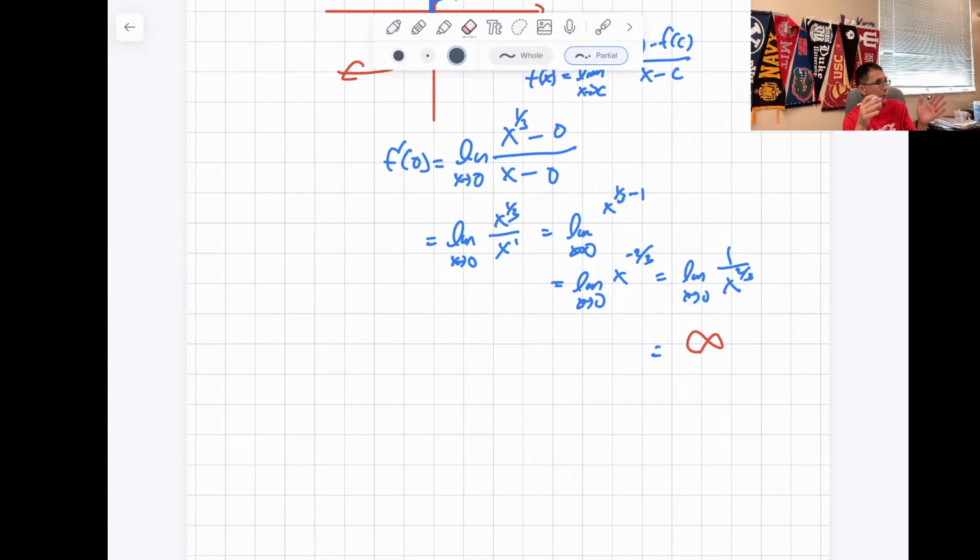The smaller I get, the bigger the value is going to be, so they all go to infinity. Also, the 2/3 power has a 2 power at the end, so you're going to square. If you square, it's always going to be positive. So in this case, it's positive infinity.